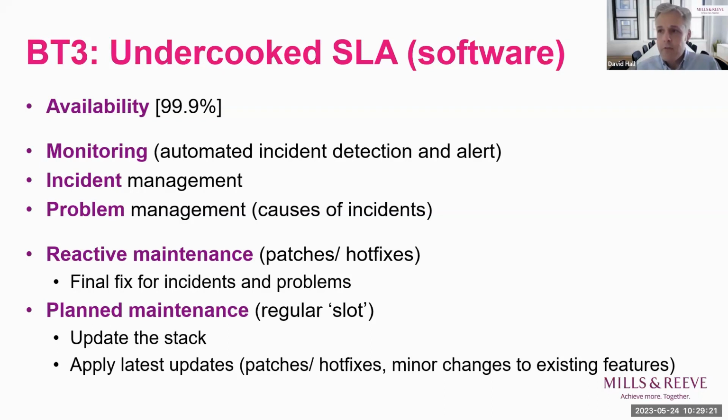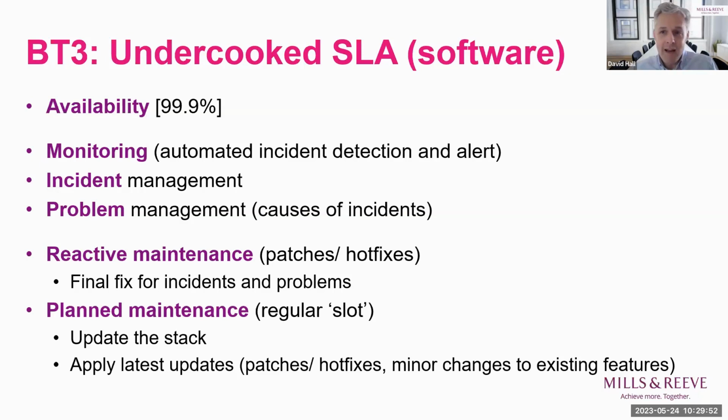Moving down on the slide, reactive maintenance and planned maintenance. Reactive maintenance flows directly from incident and problem management. Sometimes the incident will be addressed just by a workaround. So what you might be told to do by your supplier is just roll back to the previous version of the software, because that's still working, it's still stable, and then the supplier can look at the latest version of the software and find a permanent fix for it.